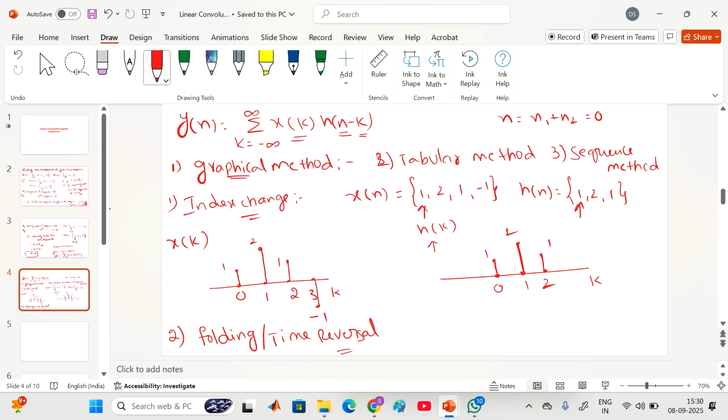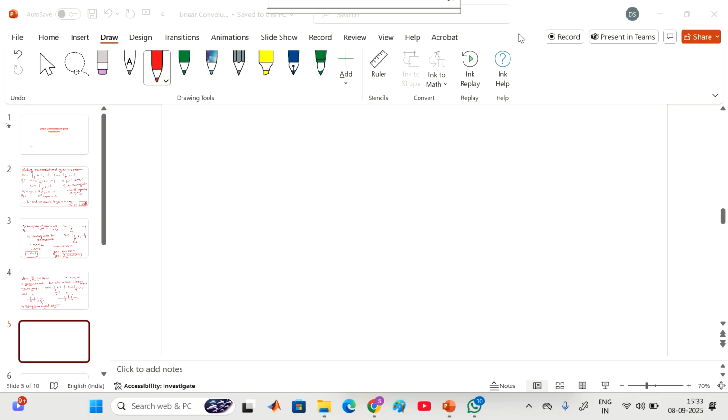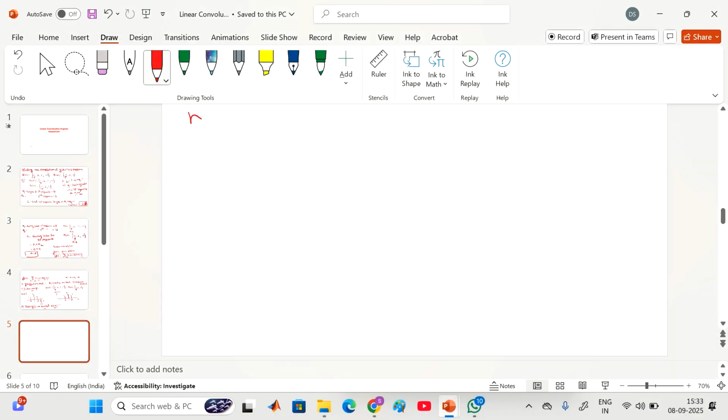In the time reversal or folding, we have to obtain h of minus k. So this is the next step in linear convolution. Next, folding the sequence in order to obtain h of minus k.